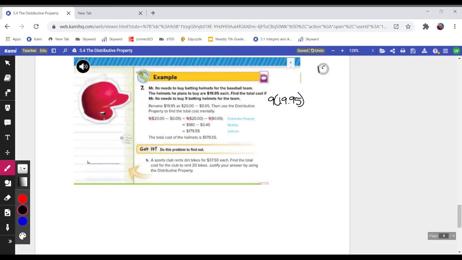So showing my work off to the side, 19.95 times 9. 9 times 5 is 45, carry the 4. 9 times 9 is 81, plus 4 is 85. 81 plus 8 is 90. There's 9, and that's 18. 2 numbers to the right. So you should be having $170.55.